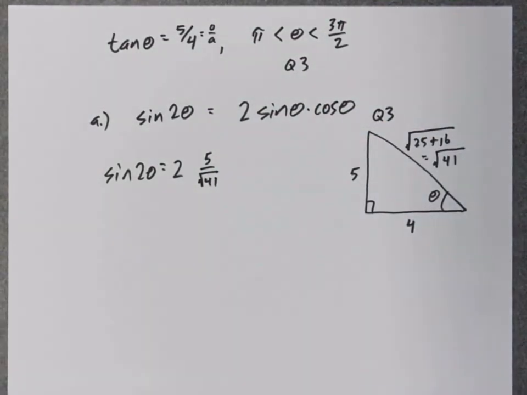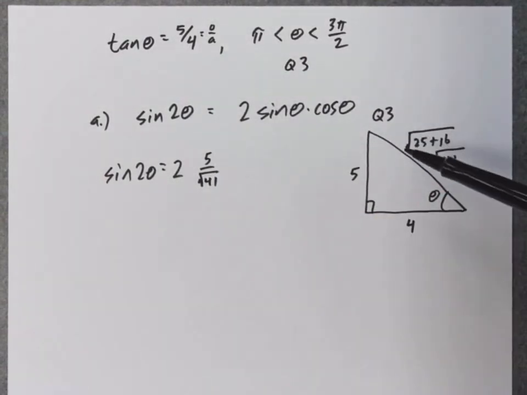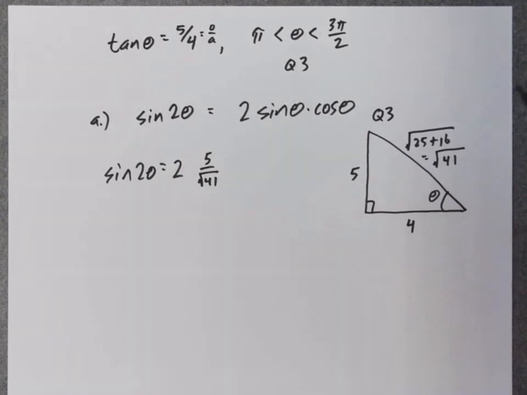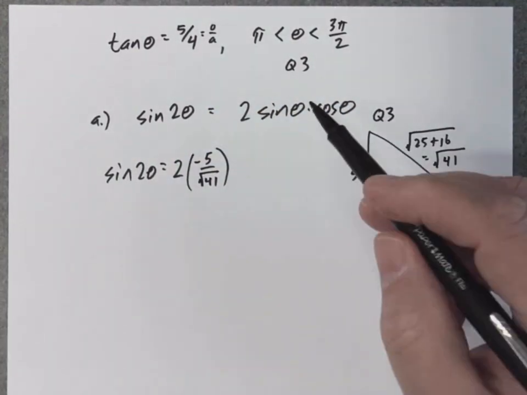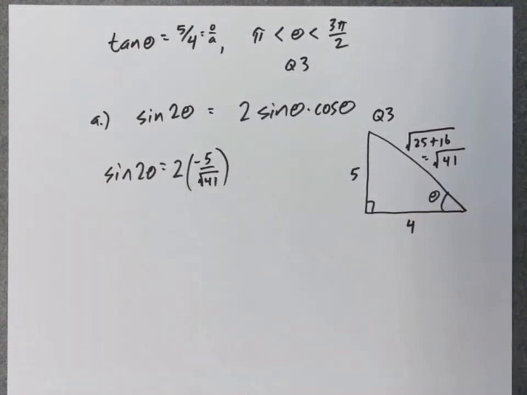Now, be careful, we're not done. Remember, when we do this kind of thing, you get your numbers, but then you have to decide whether this should be a positive or negative number. The sine in quadrant 3 is negative, so the sine of theta is negative 5 over square root of 41.